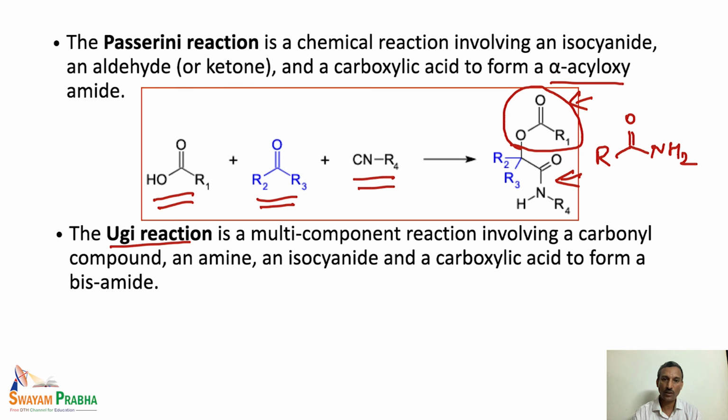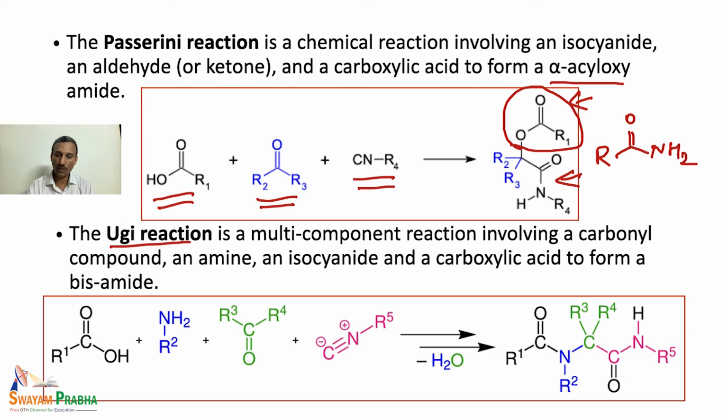So an additional unit is added to the previous case. That means we have the carboxylic acid, the carbonyl compound and the isonitrile. All three are there from the previous case. What we have extra is only the amino unit.